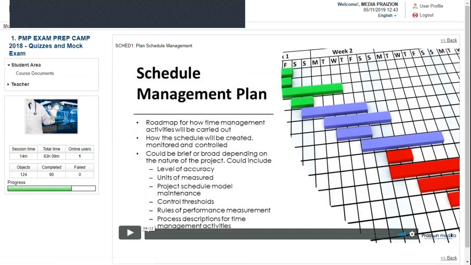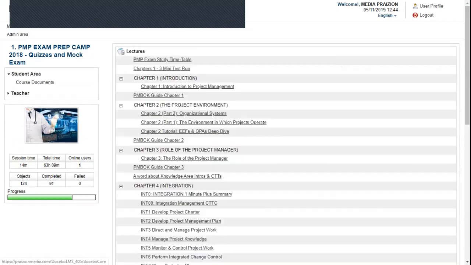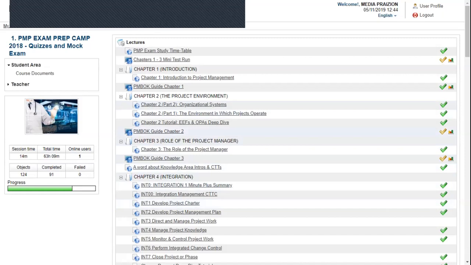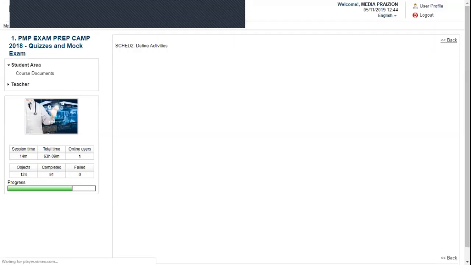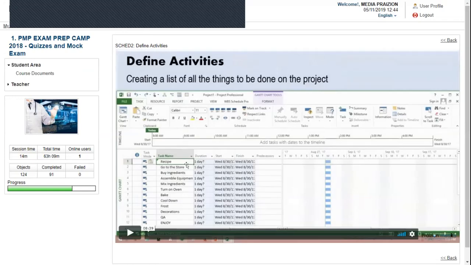This one, plan schedule management, is 4+ minutes long, so it all adds up, but it does it in a digestible fashion so that you are not inundated with content. Now the more we have to talk about, the deeper we need to go, like in define activities. You can see this is 8 minutes long plus, and that's just how it is.